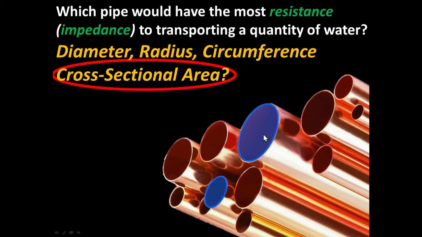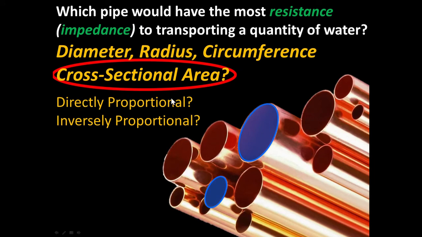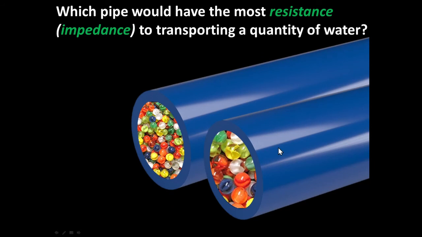And 4 times the area is going to make it a lot easier to transport water through that. 4 times the area would actually make it have 1/4 as much resistance. So directly proportional or inversely proportional, when one variable went up, the other variable went down, and that would make it inversely proportional.